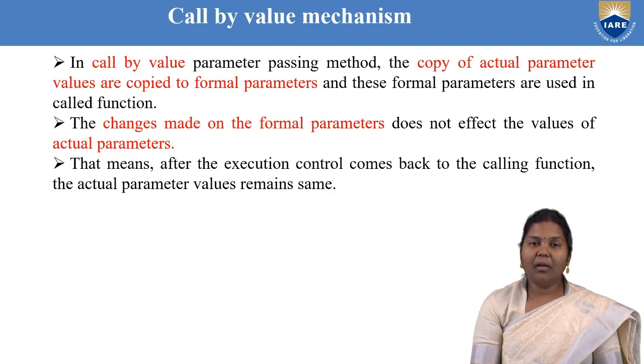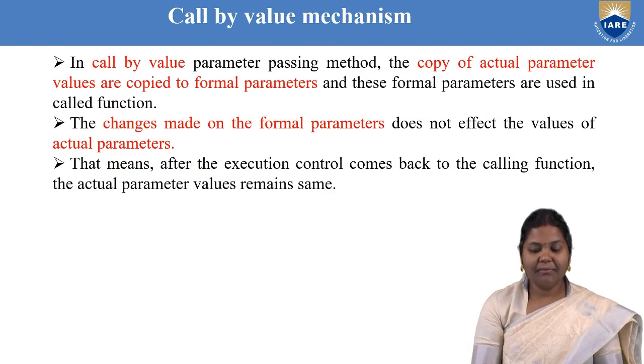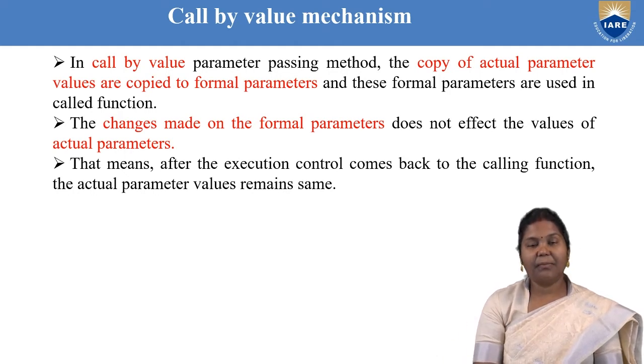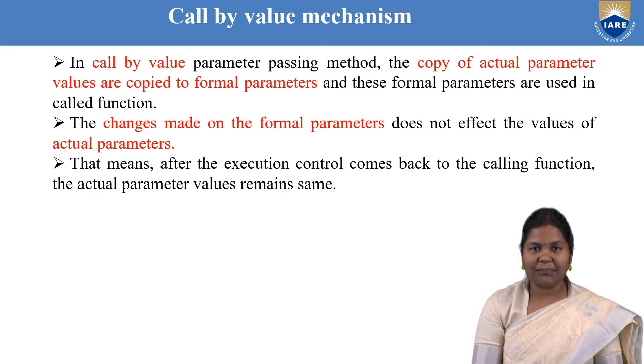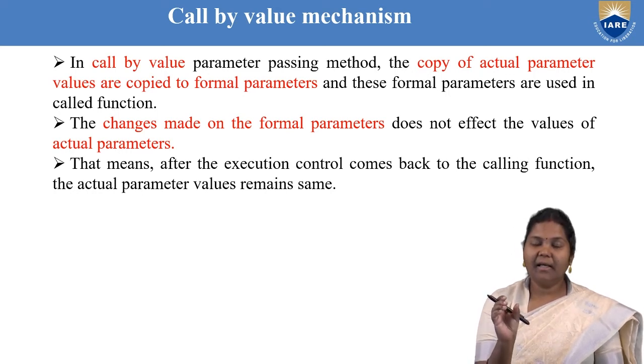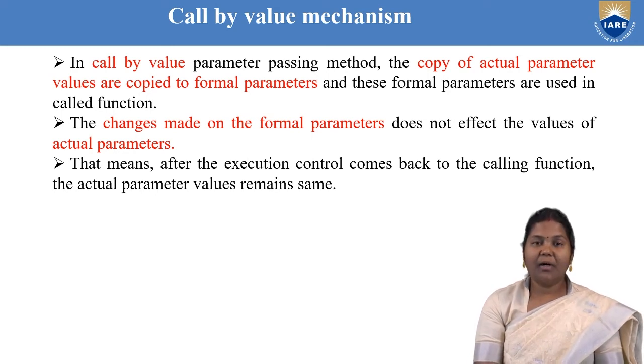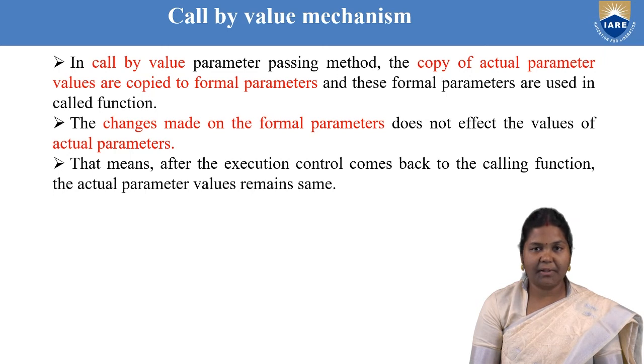So in call by value parameter passing mechanism, the copy of the actual parameter values are copied to formal parameters, and these formal parameters are used in the function. That means originally the actual parameter values are intact, just one copy is passed to the formal parameters, and whatever changes you make to the formal parameters will not have any effect on the actual parameters.